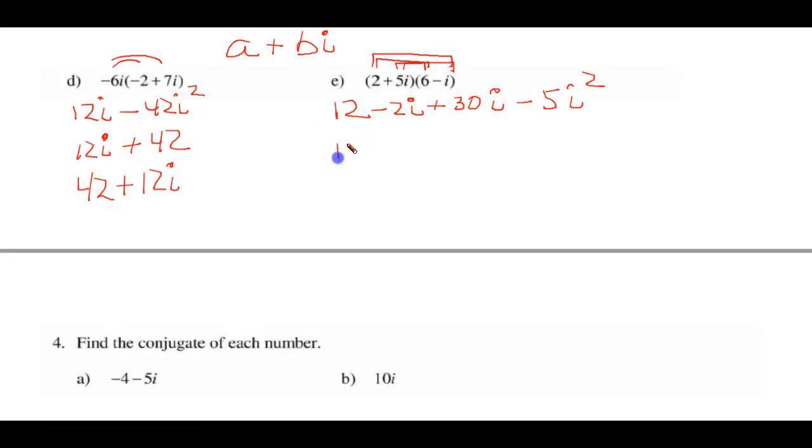Okay, so this is going to be a 12. This is going to be a positive 28i. Now, i squared is a negative 1 times a negative 5 makes this a positive 5. We group our like terms. This is a 17 plus 28i. It's now in standard form, and that is the answer.